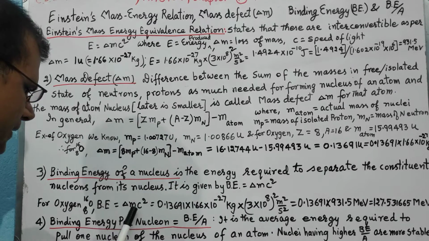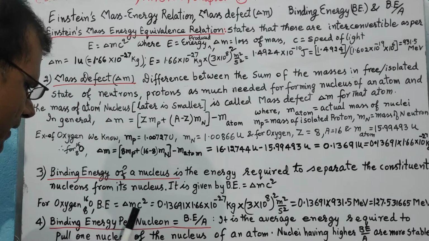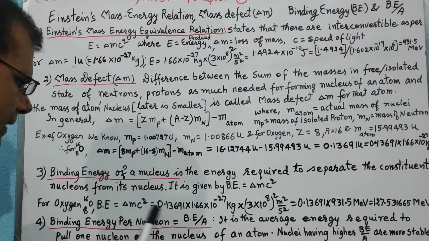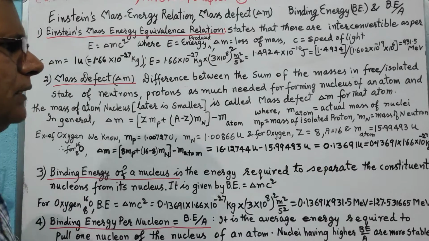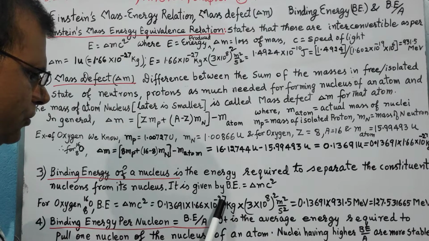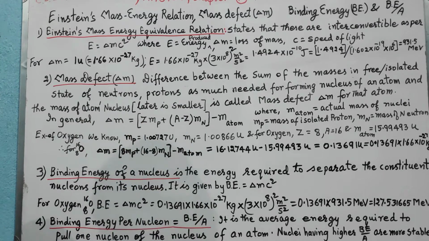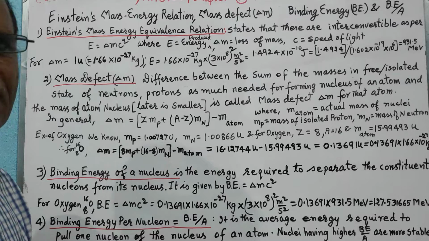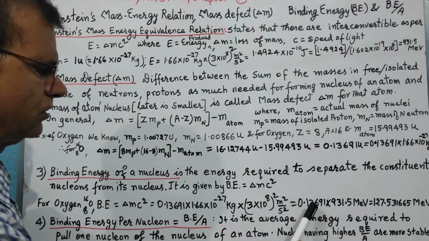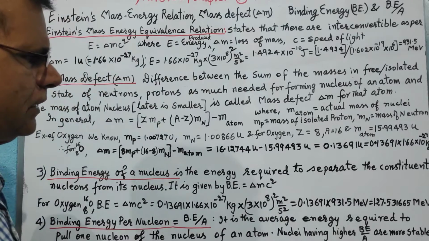Here you see, binding energy is equal to, we use the same relation, E is equal to delta m c square. The binding energy for oxygen 8O16, using the mass defect we have just found, 0.13691, multiplied by 1.66 into 10 power minus 27 kg, because 1 U is equal to 1.66 into 10 power minus 27 kg, and that mass multiplied by c square, on calculation becomes equal to 0.1369 into 931.5 MeV.